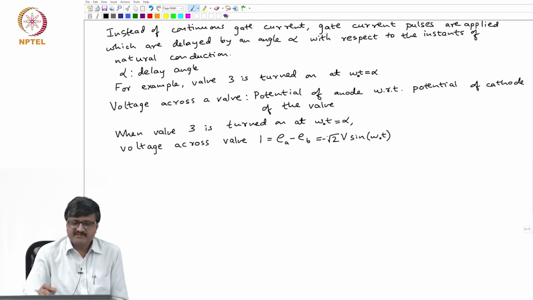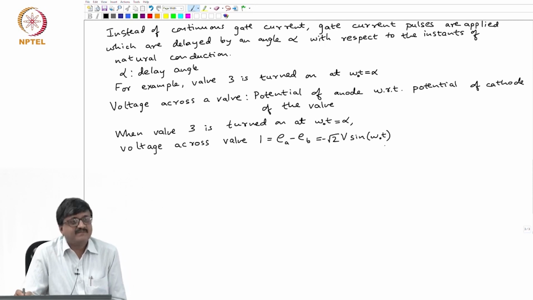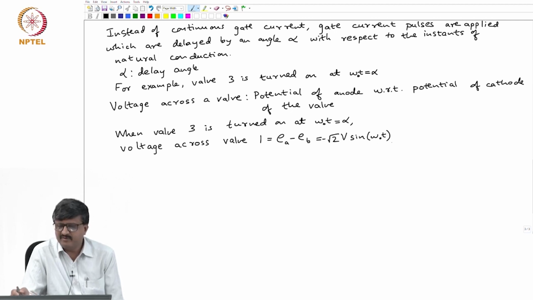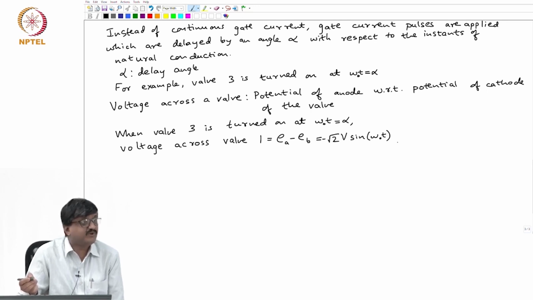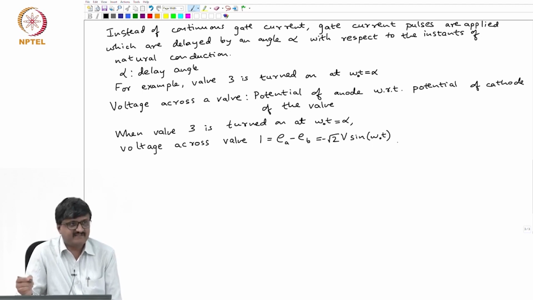Please note this voltage is negative only for omega_o t from 0 to pi, looking at the expression minus root 2 V sin omega_o t. For the time being we will assume that alpha is close to 0. We will consider the general case shortly.